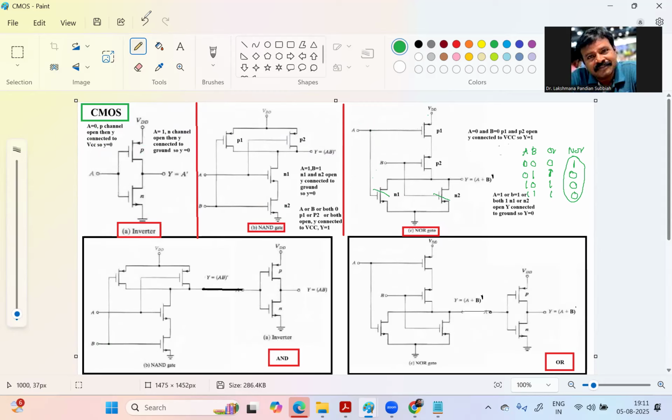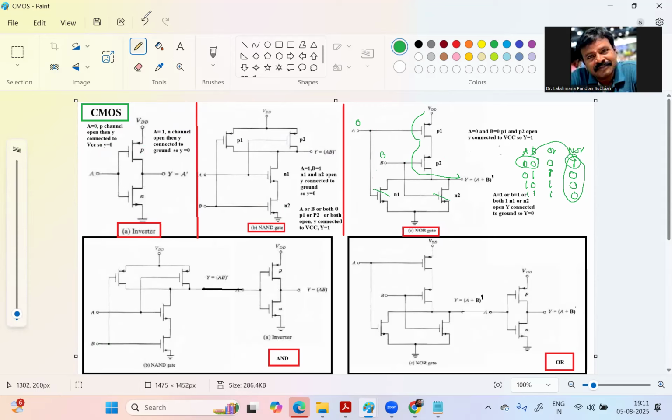Then the 0 is connected here, right? So now this is connected with the power supply. If it is 0, it is 0. It is connected with the power supply, so you are getting 1.